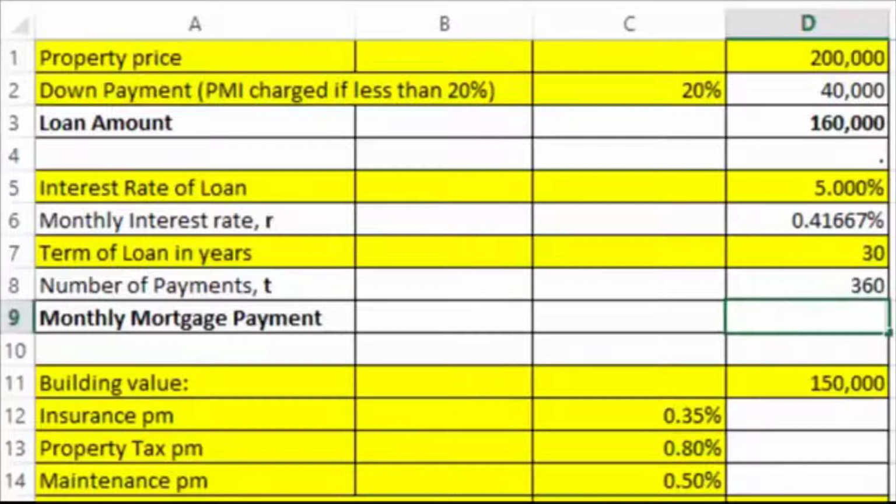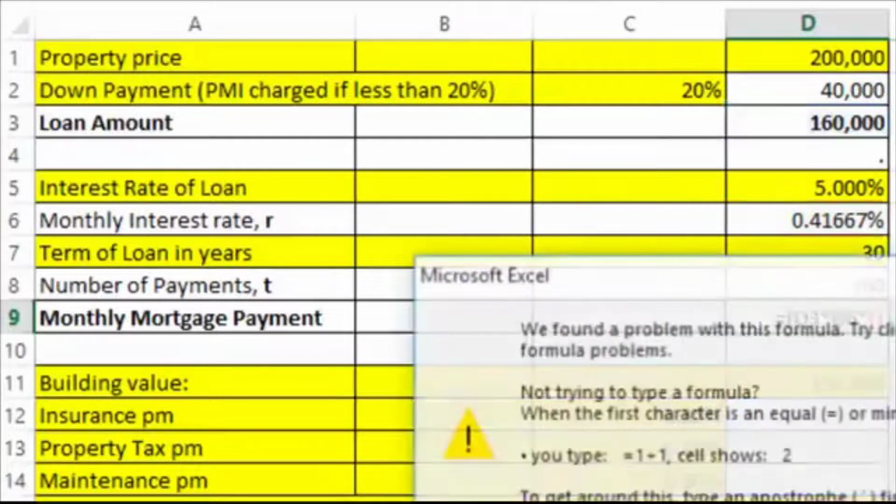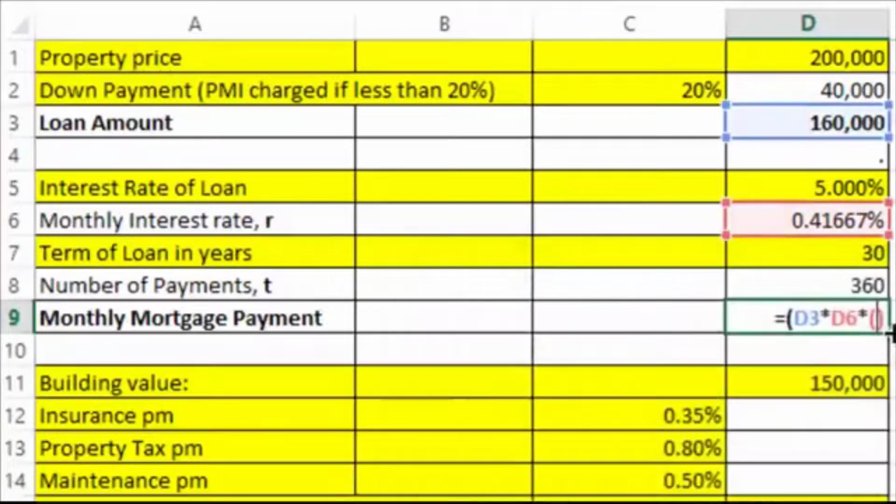Okay, so on the monthly mortgage payment, we go equals parenthesis, and it's D3, so D3 times D6, and then times 1 plus D6, so we go 1 plus D6, okay, and then to the power of.